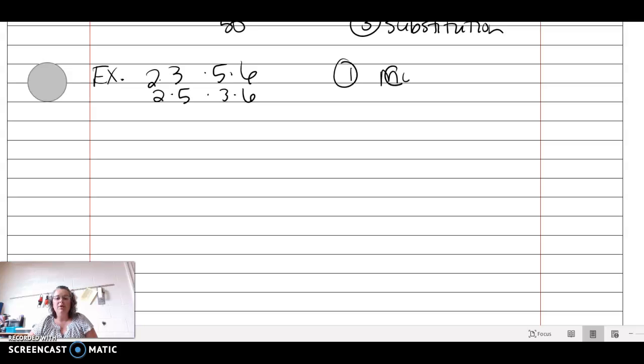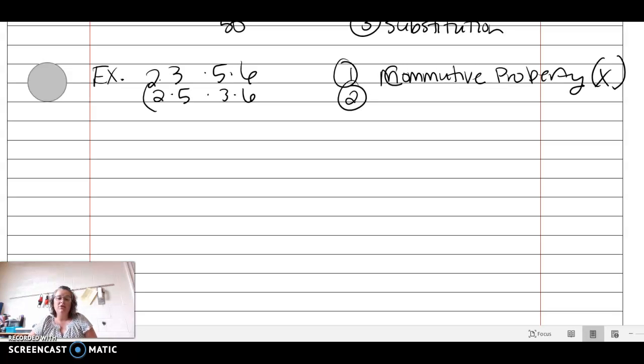Let's do one more real quick. If I did 2 times 3 times 5 times 6, I'm seeing that 2 times 5 gives me a 10. So what if I switch the order? I did 2 times 5 and 3 times 6. Switching the order when you're multiplying, that's your commutative property of multiplying.